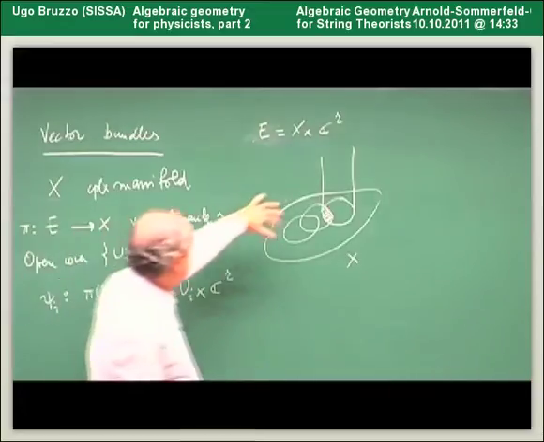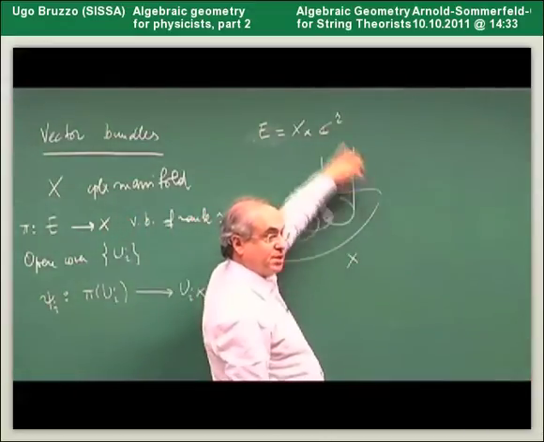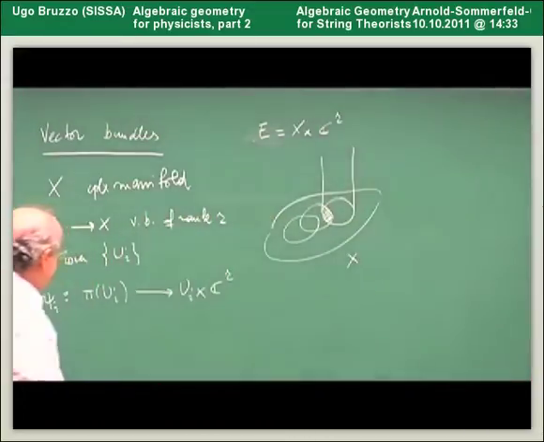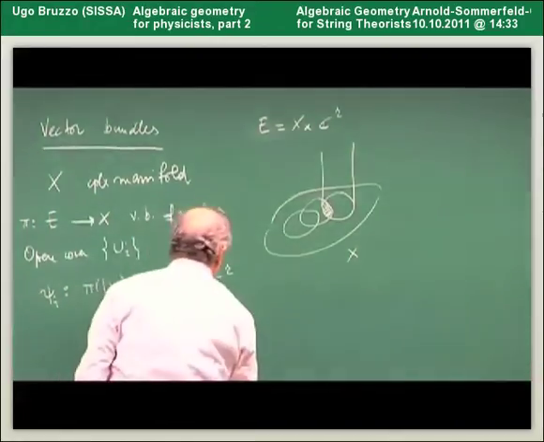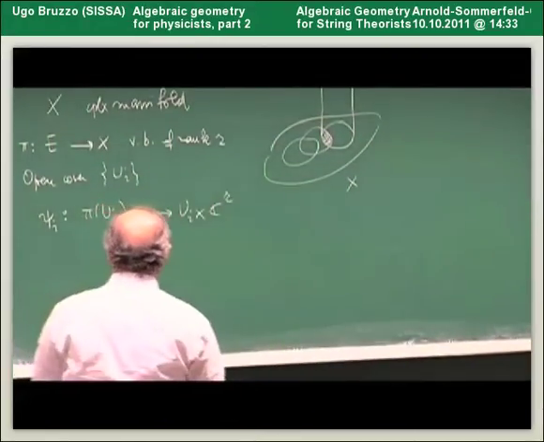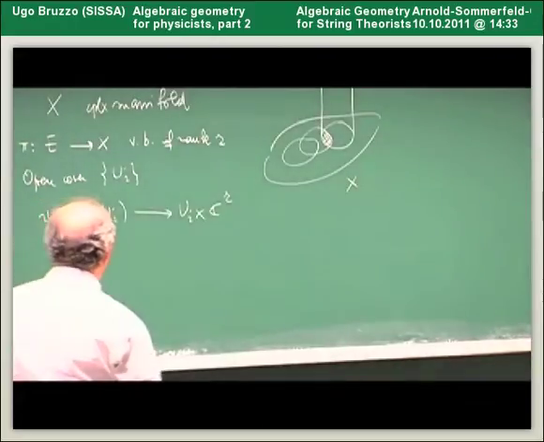So these are these identifications. An open subset, this should be a product. Satisfying some requirements, which are the following.